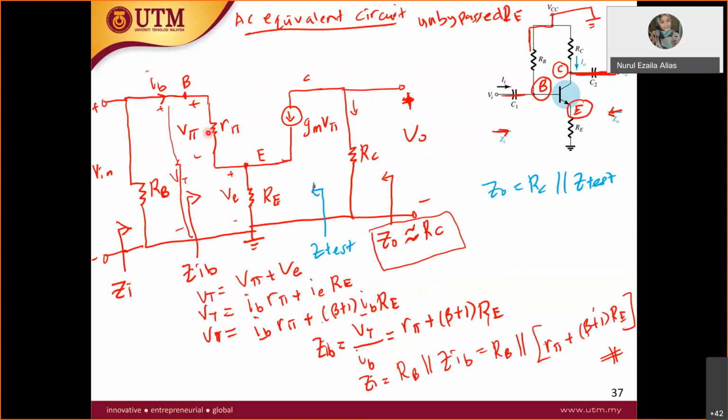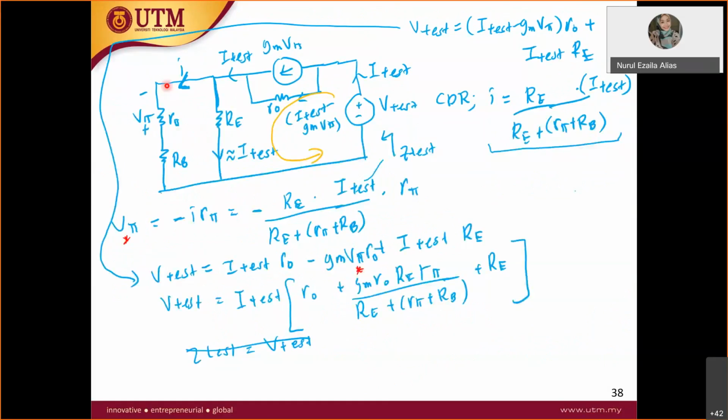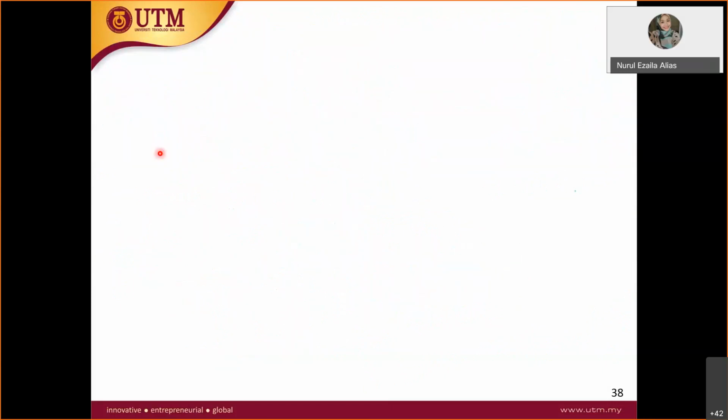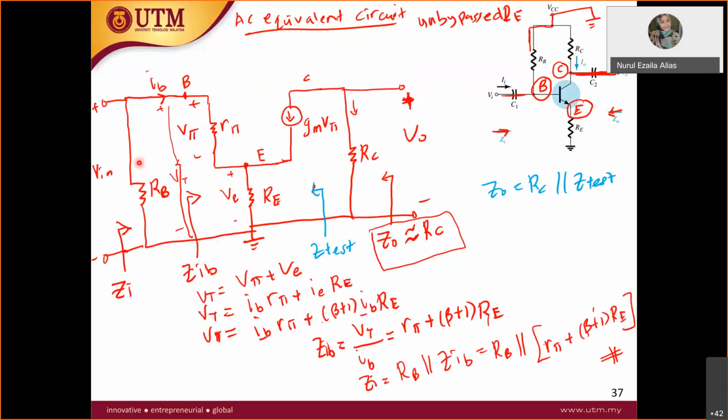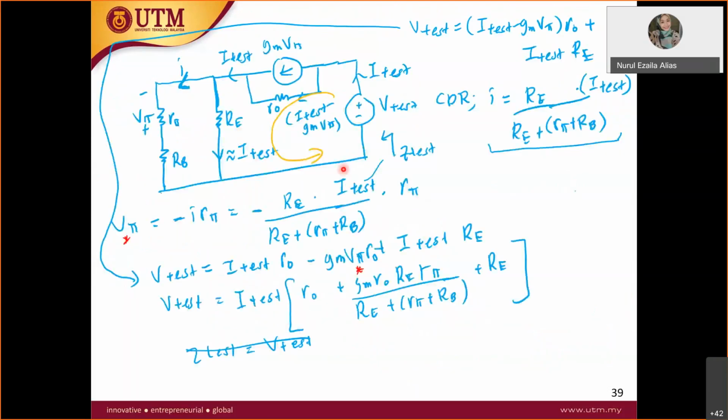Then that's why this R pi will go upside down. So negative will be upward, positive will be downward. So I'm drawing it upside down like this. So this RE connects to the negative and positive goes to the RB here. All right, are you clear, Muhammad Ali?